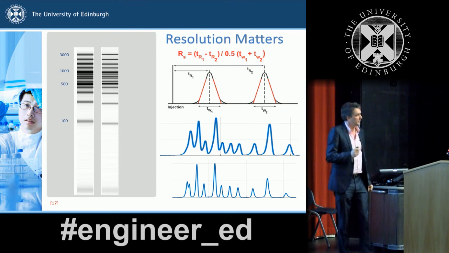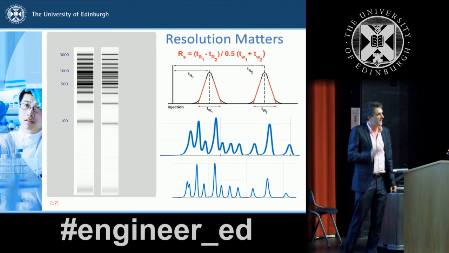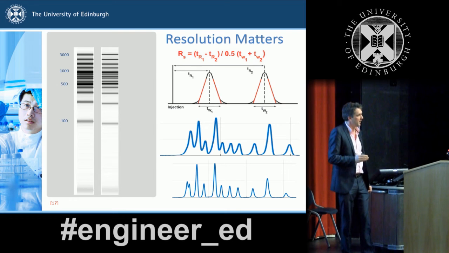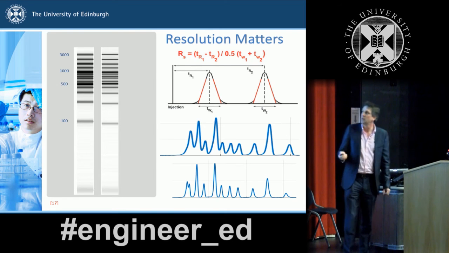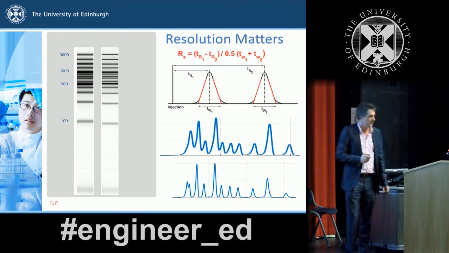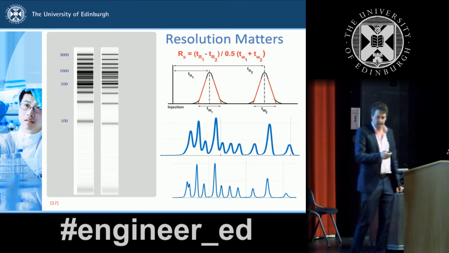So resolution is very important. One of the objectives when you design an automated electrophoresis machine is to maximize the resolution as you measure it. On the right here, we have two possible devices which have measured it in different ways. On the left is low resolution, and on the right is slightly higher resolution.